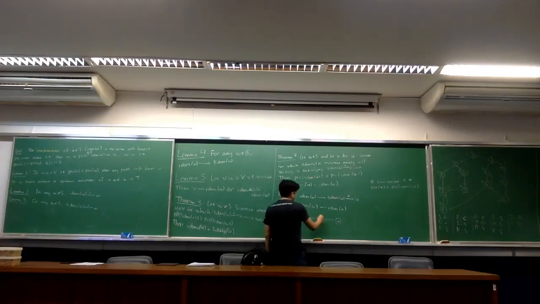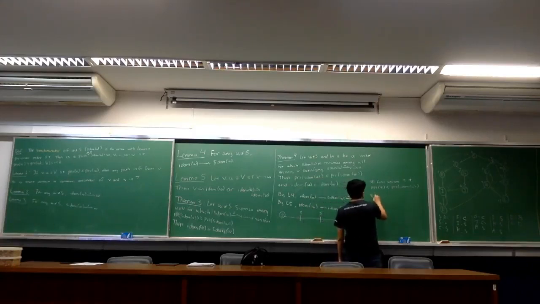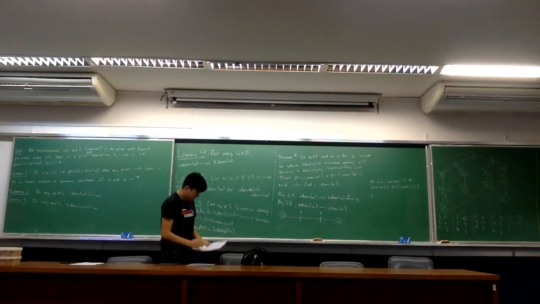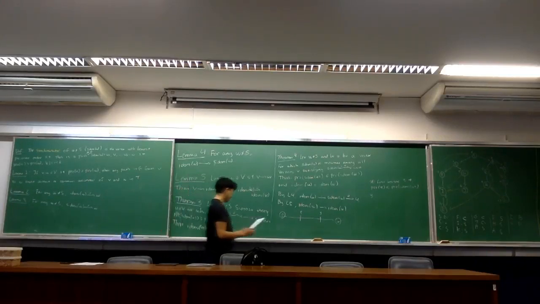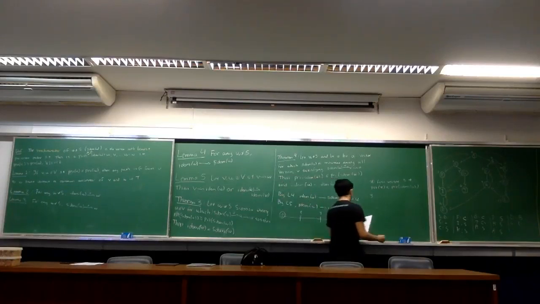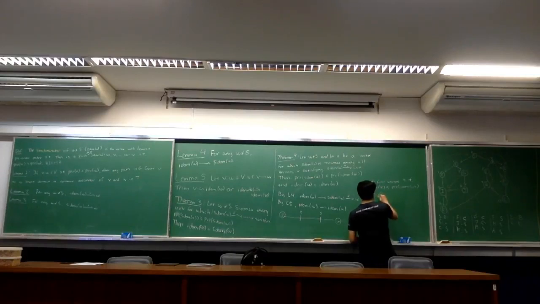So otherwise, such X exists. And then I'm going to take another Y, satisfying the same stuff. First vertex.